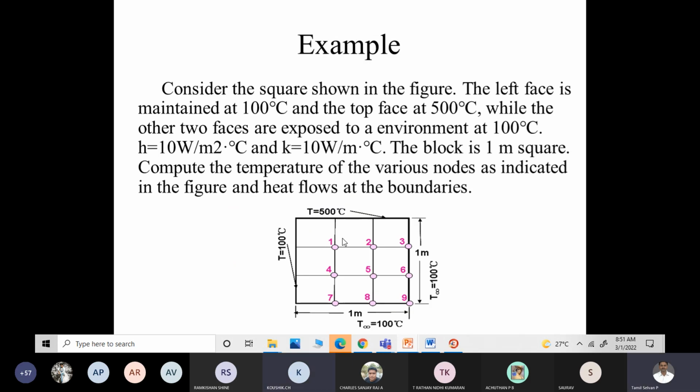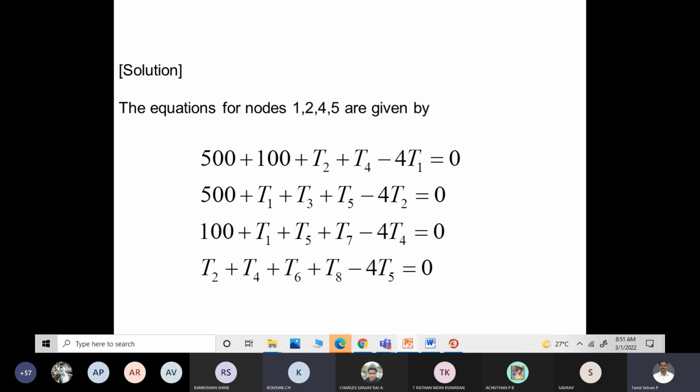For particularly point T1, to get the equation for T1: 500 plus 100 plus T2 plus T4 minus 4T1 equals 0. Am I correct? 500 plus 100 plus T2 plus T4 minus 4T1 equal to 0.